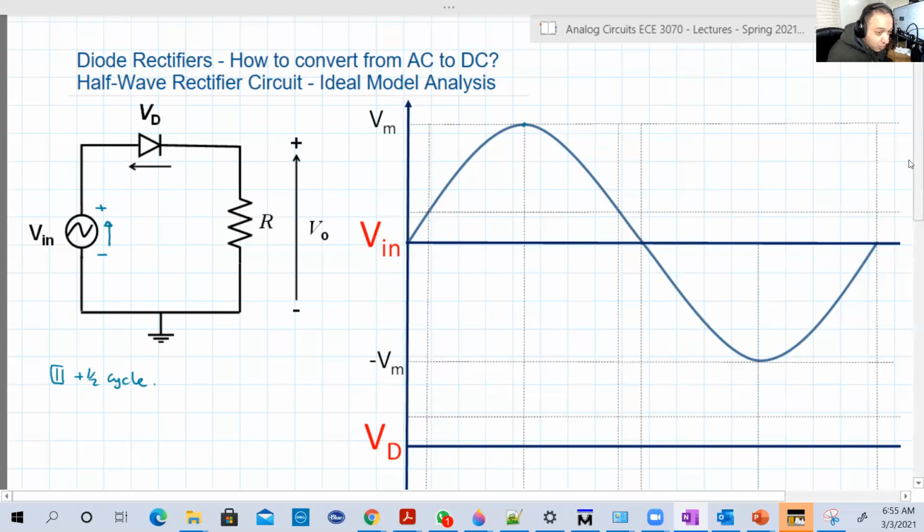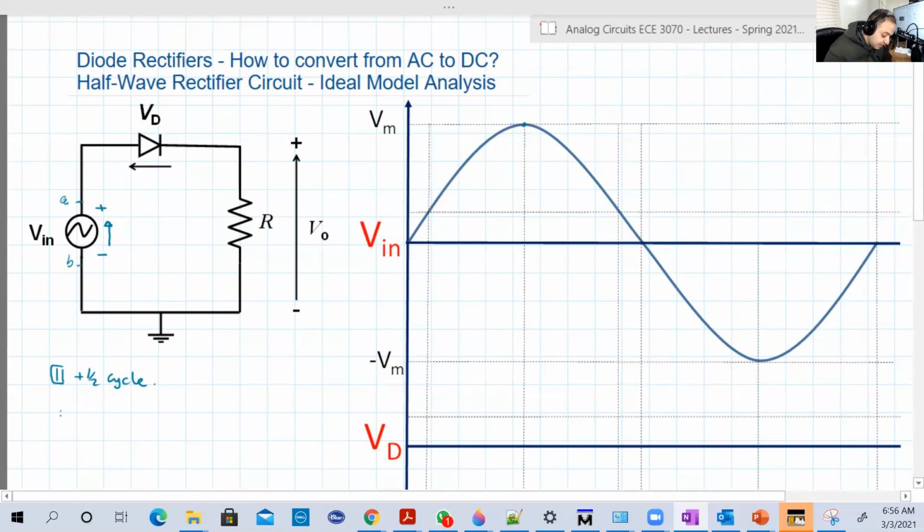And we call it the positive half cycle, assuming that the direction will not change. I mean, all the time, this terminal, let's call it A, will be positive, and this terminal, let's call it B, will be negative, although in our analysis we usually change it in each half cycle.